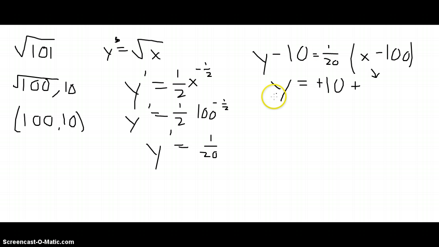From there, then we can plug in the original point, which was, what was it? Oh wait, the original point for x1 was 101. So we'll just plug it in right there. Plus 1/20th.